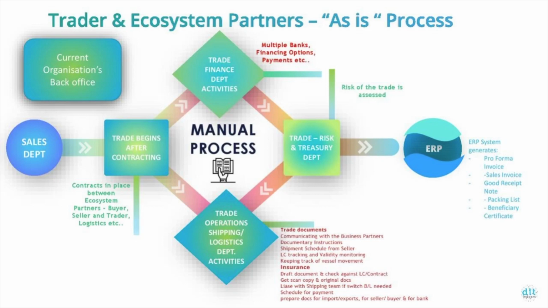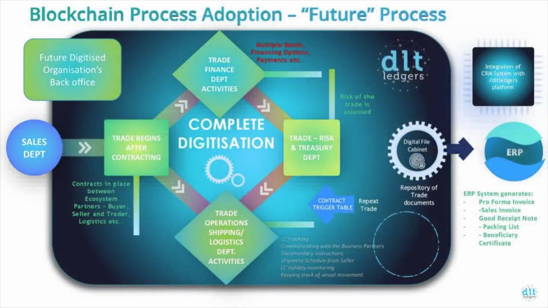So what are we trying to do here? We are looking at a complete digitization and a future looking back office. The future looking back office is the first leg of preparation to get your cross-border trade digitized.